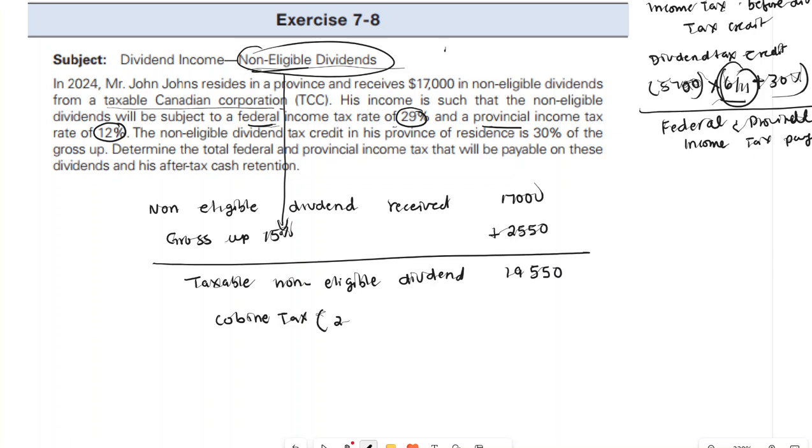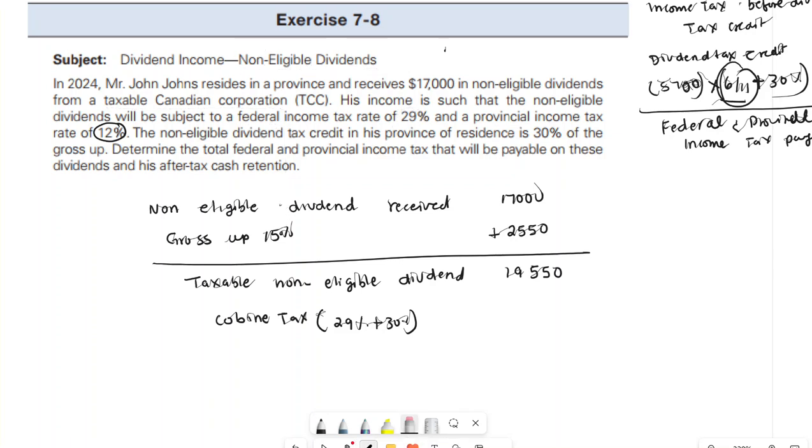Sorry, I got the wrong number here. Federal was 29% and provincial was 12%. So 29 plus the 12 will give me 41%.